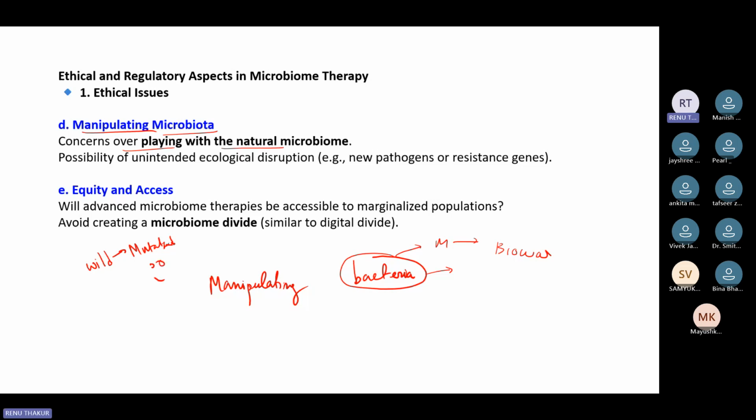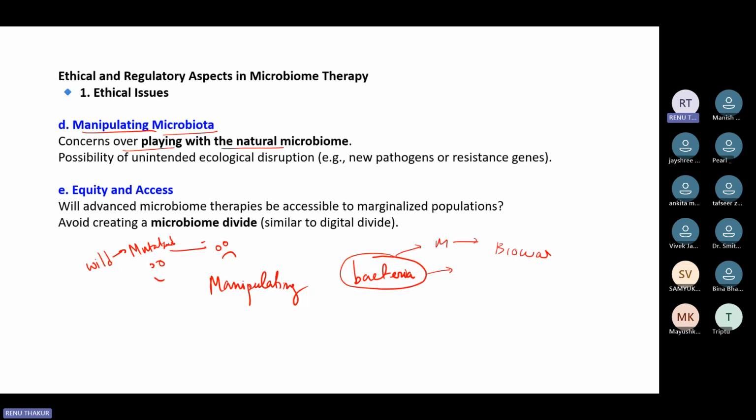No, it can lead to some increased pathogenicity. So manipulating a microbiota is always a concern, because you are manipulating the genome of a natural microorganism. That way also it is an ethical concern that you are manipulating the genome of a living organism.